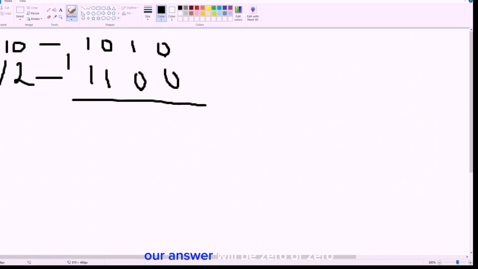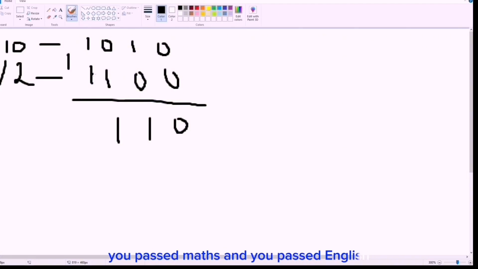So our answer will be 0 or 0, that is false or false, is what? Is false. True or false. Remember, once one is true, it's true. True. False or true. You can either pass; you failed maths, but you passed English, so anyone will go. You passed maths and you pass English, you are still good to go. So this is what we get.